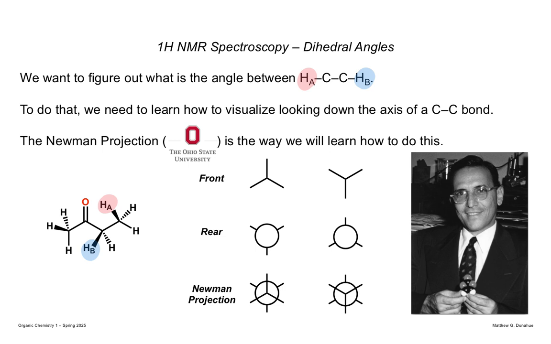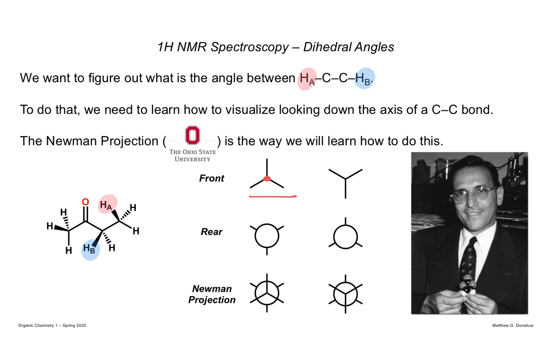And so that's drawn there as the front carbon. So where they meet in the middle there, that's a carbon. And then you have the 3 substituents sprouting off.